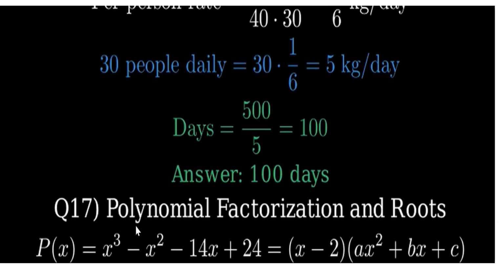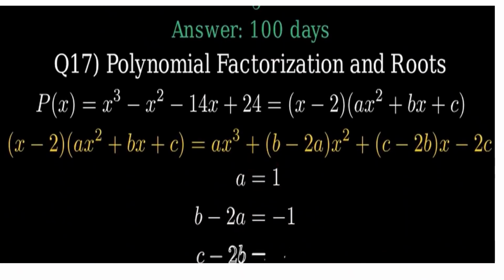To find it, you have to multiply this (x - 2) with ax squared, bx, and cx. If we multiply, we'll be getting these values.